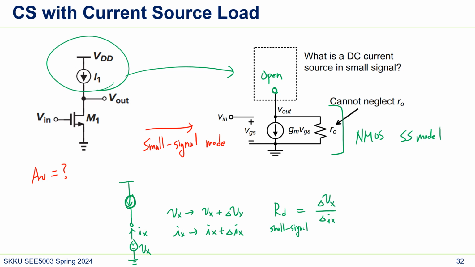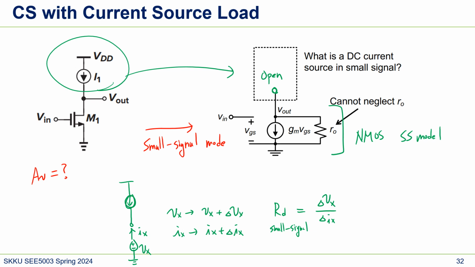But this is a current source. A current source will not allow any change of current, right? So what a current source actually does is, if we change the voltage, no matter what, the current source always supplies the same current.